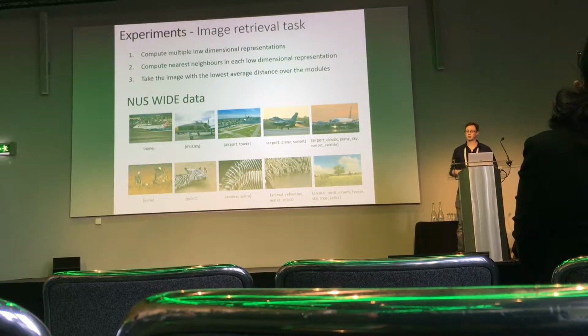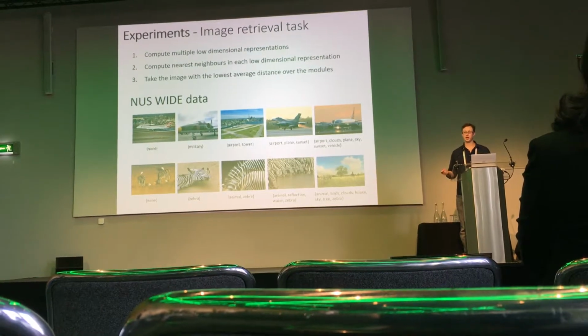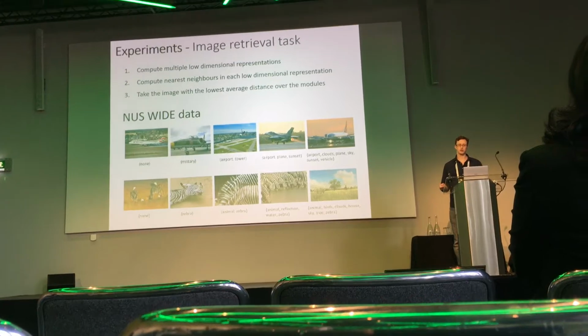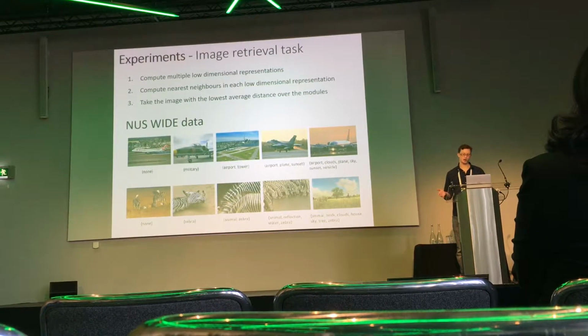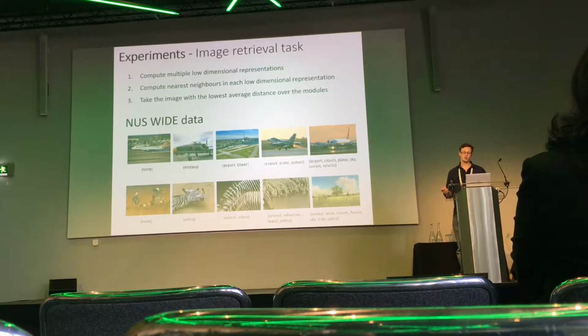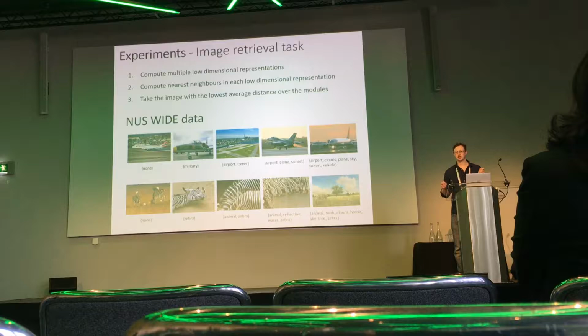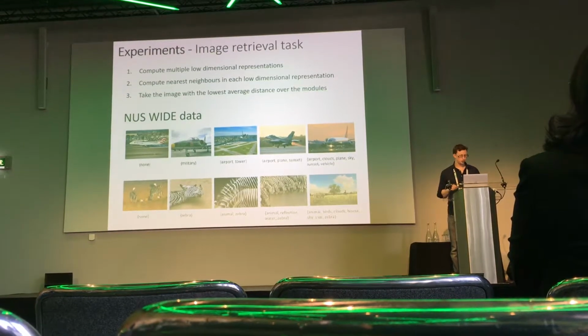So we're going to compare on 2 tasks, the first of which is an image retrieval task. We're trying to find images which are similar to our own in an efficient way. So how do we do this with modular dimensionality reduction? Well, we compute multiple low-dimensional representations of our image, and then for each of our distinct low-dimensional representations, we separately, in parallel, compute nearest neighbors.